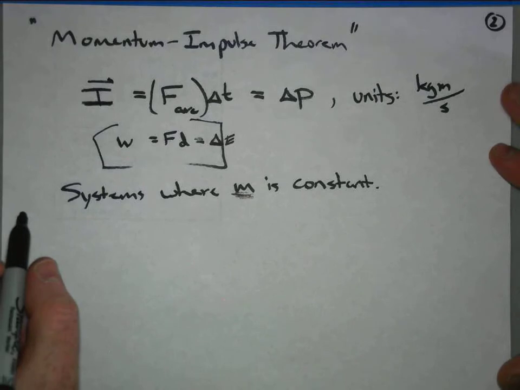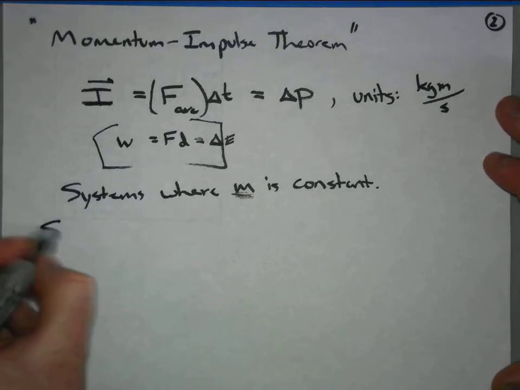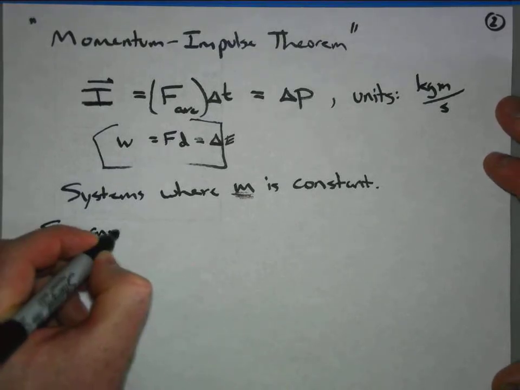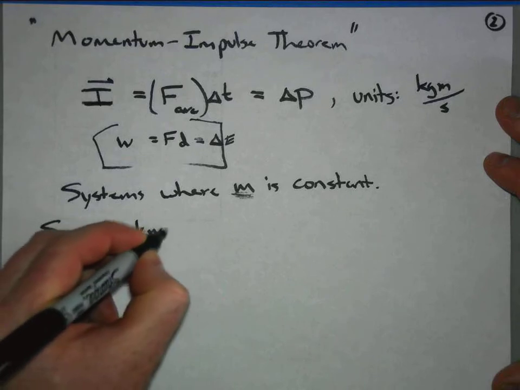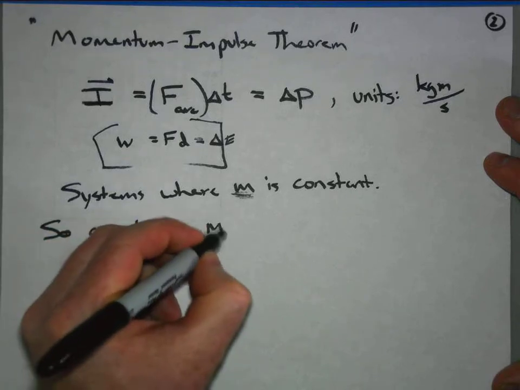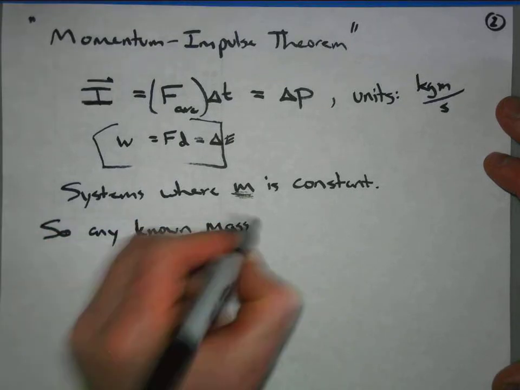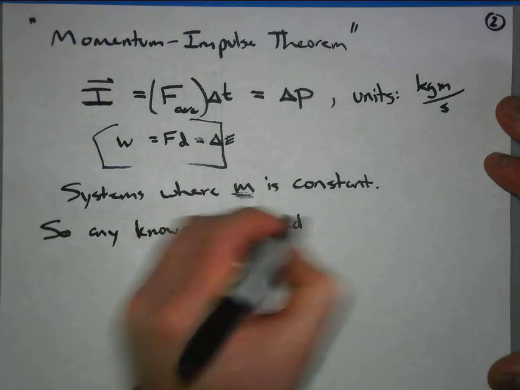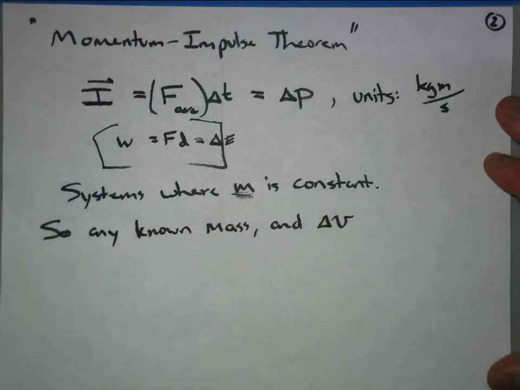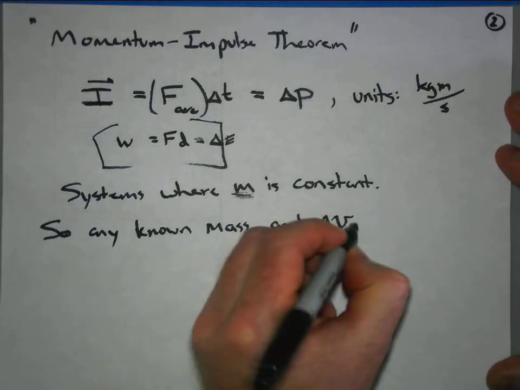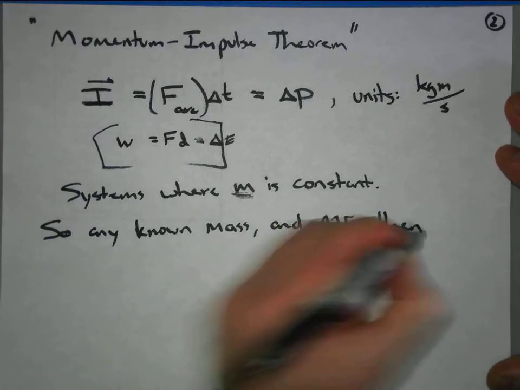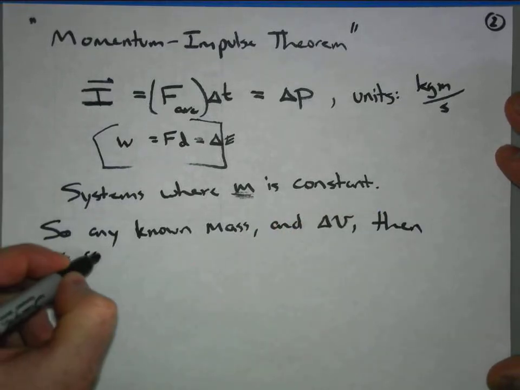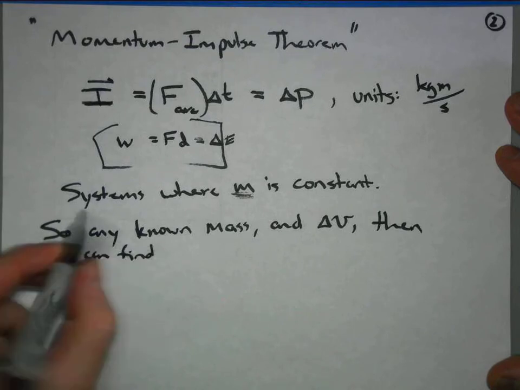If we have any known mass and change in velocity, then we can find a change in momentum.